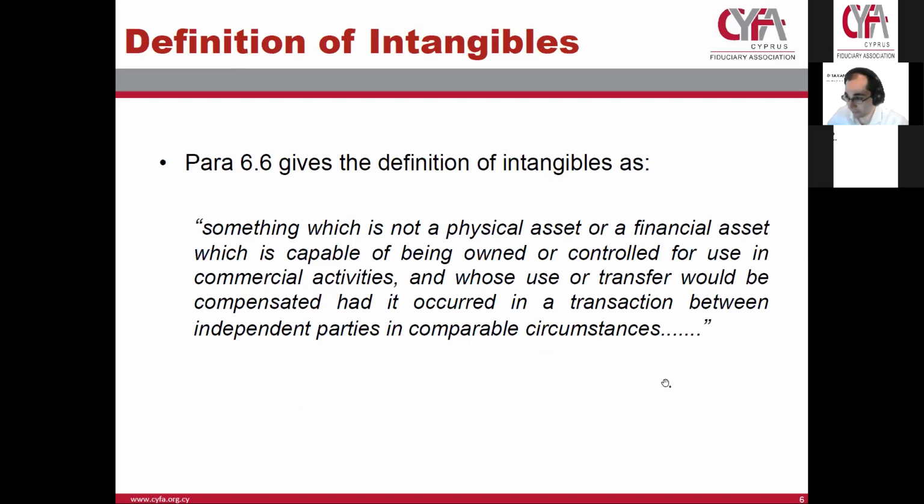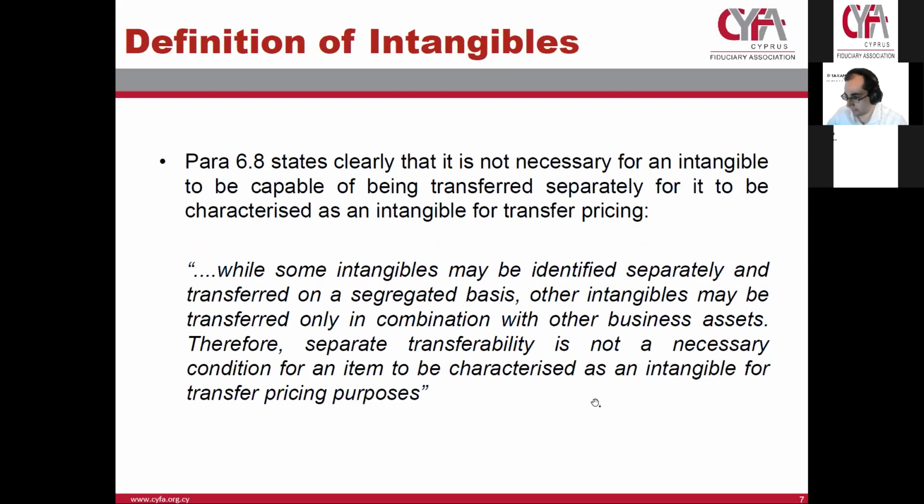So the definition of intangibles in the OECD transfer pricing guidelines is something of value which can be owned or controlled, and which is not a physical asset or a financial asset. And it's interesting to see that intangibles do not necessarily need to be transferred separately.